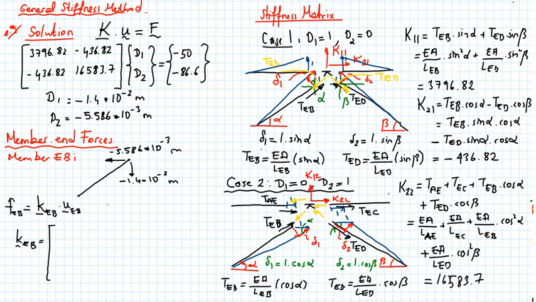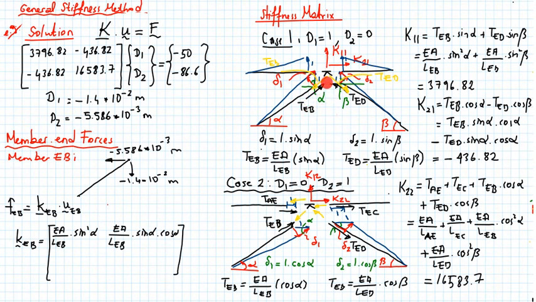So I have EA over LEB multiplied by sine square alpha, and here I got EA over LEB multiplied by sine alpha cosine alpha, and that's the first equilibrium equation for member EB. The second one, we will be looking at the horizontal component of this force.